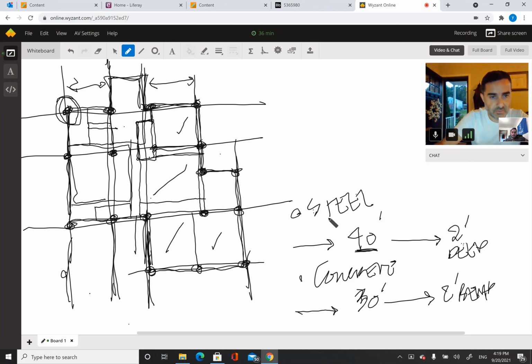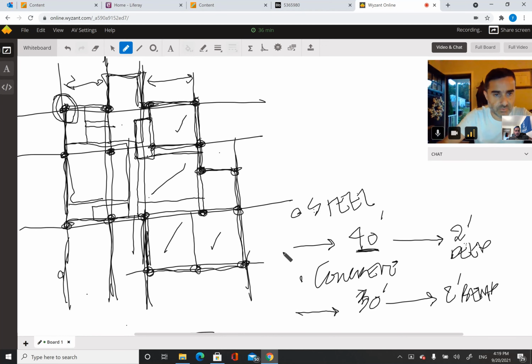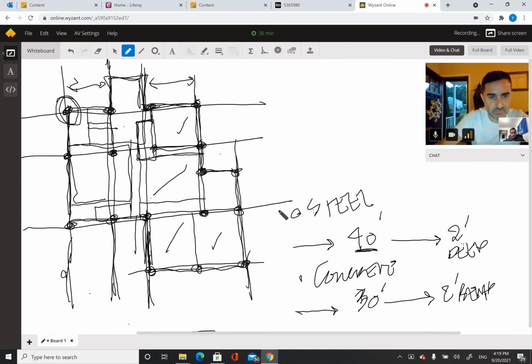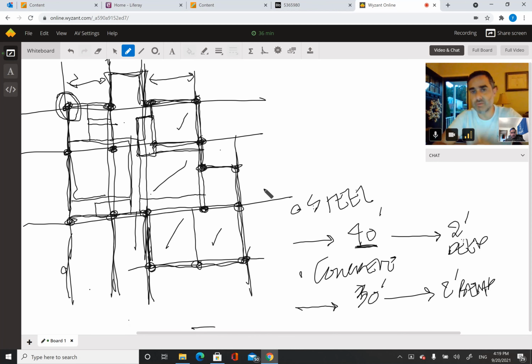But this slab distributes that load to 4 columns. Each one of these columns will get 25, right? Because the load will go in 4 directions. Do you remember that?